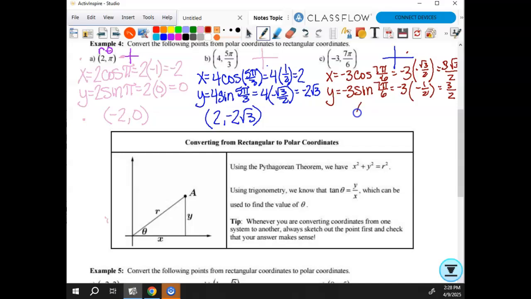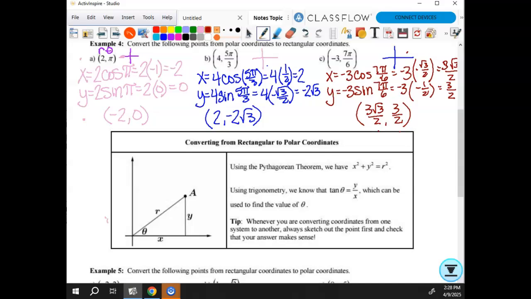So my ordered pair is 3 square root of 3 over 2, 3/2. And that's positive, which is a 1st quadrant point, and I'd go to the right farther than I would go up. So I feel like that looks good. So that's how that negative radius works. It helps you flip the sign of the trig value. Okay, what questions do we have?